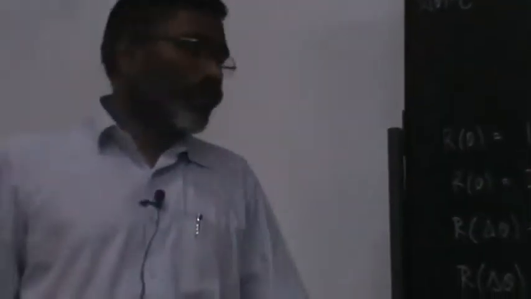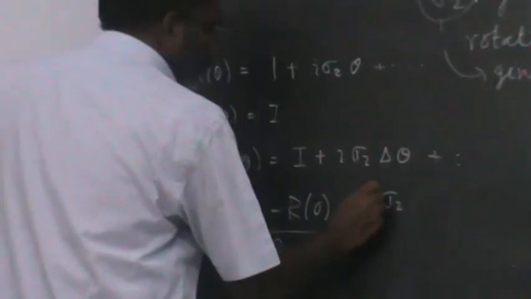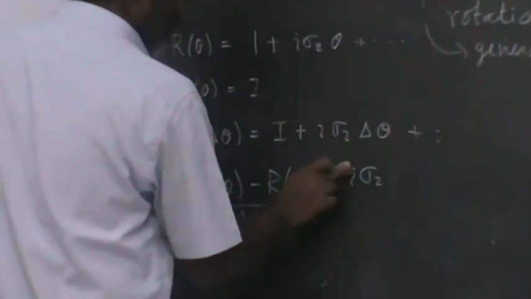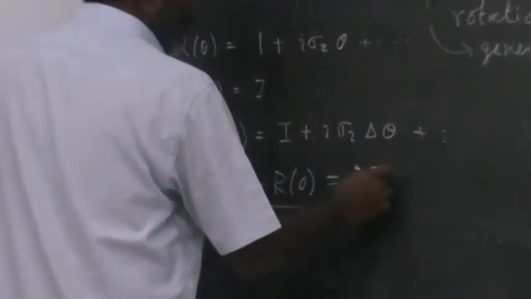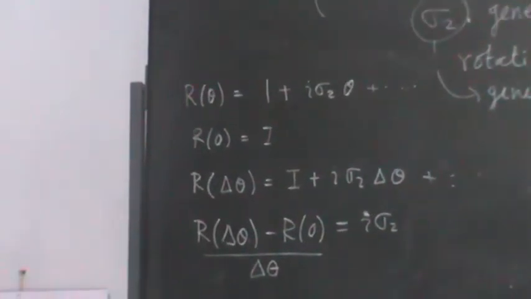The i is there because sigma 2 is a complex matrix. If you have i times sigma 2, it becomes a real matrix, and I can always choose a real matrix as a rotation. So this is in some sense the rotation matrix and the generator of rotation matrices.